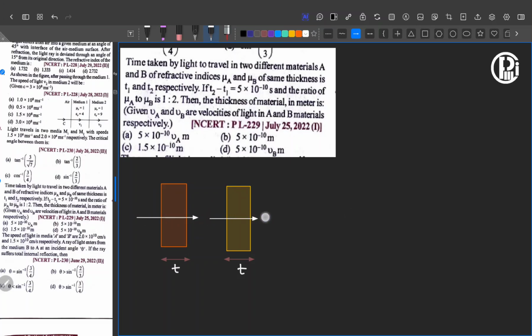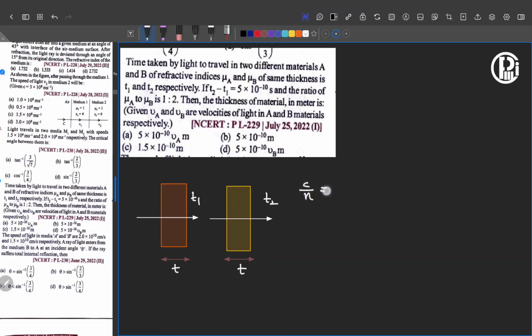The light goes through this as well as through this. Clear? Now the time, let's say the time is T1 here and the time is T2 here. So before that, velocity is equal to distance by time. Velocity can be written as c by n from the previous.